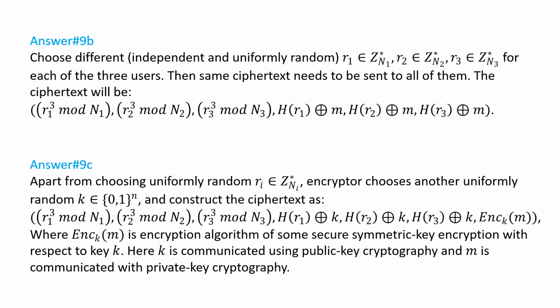Then with the value of Di, it will compute Ri to the power ed, where e is 3 here. So Ri to the power ed mod Ni will give Ri mod Ni. So the corresponding Ri will be recovered by each of the corresponding parties. And with the value of Ri recovered, they will compute H of Ri and then recover the message value.